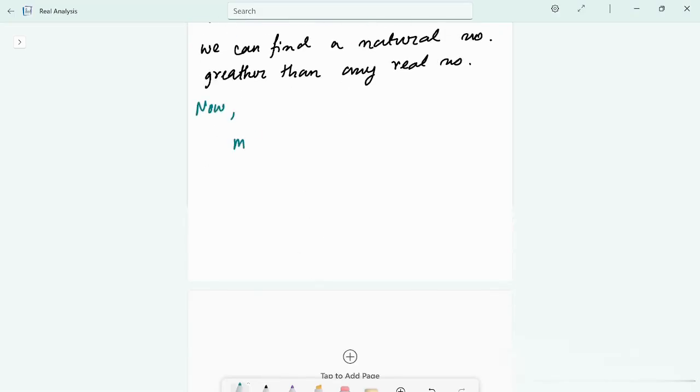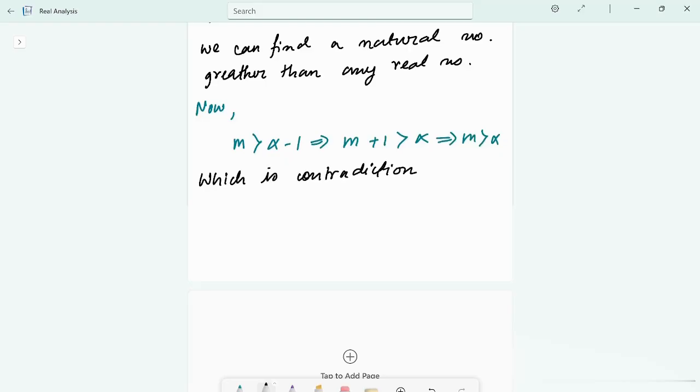m is greater than alpha minus 1, which implies m plus 1 is greater than alpha, which again implies m is greater than alpha, which is a contradiction, right? Because we assumed that alpha is the least upper bound, but now we get m is greater than alpha.